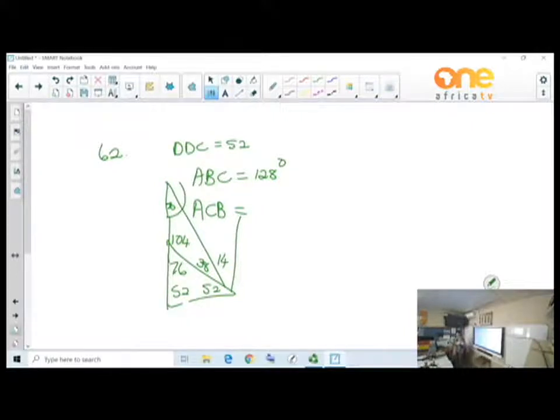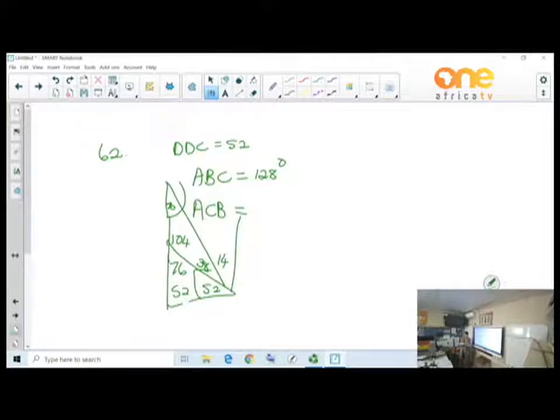Because look, the angle there at C is 90 degrees. So 90 minus the 52, this is 38 gekry het, né? Here's a semicircle. This angle is 90 degrees. That's how I got the 38. And then you can calculate that angle at C to be 14. But you can also use your parallel lines there to calculate those angles.